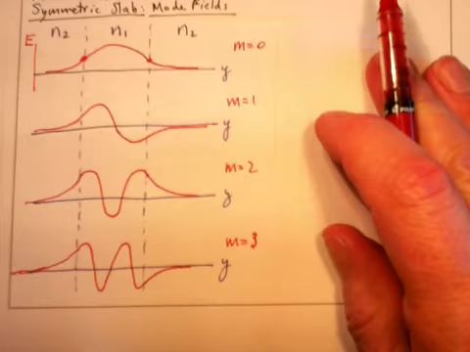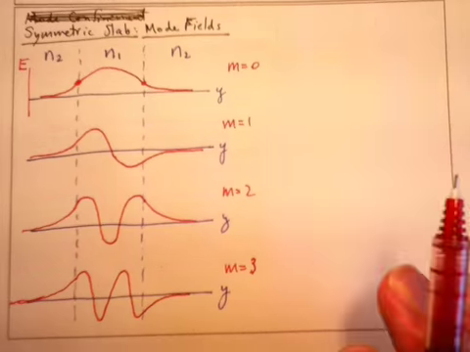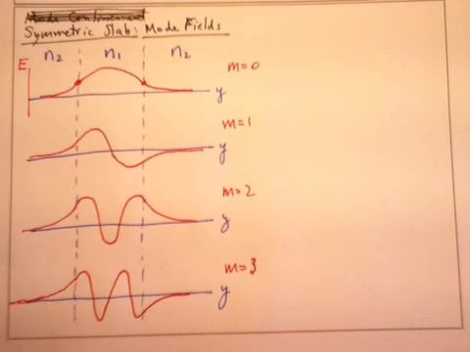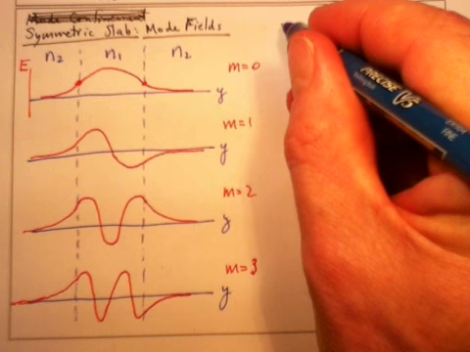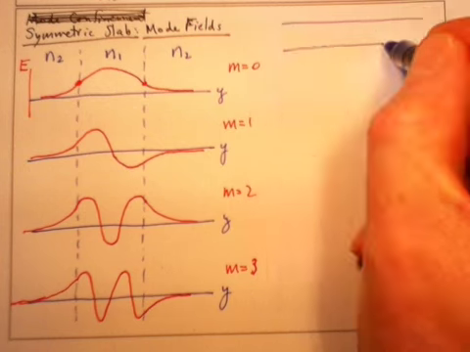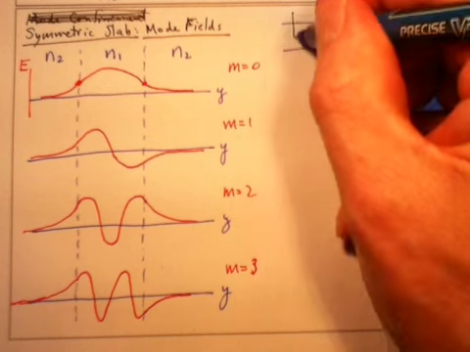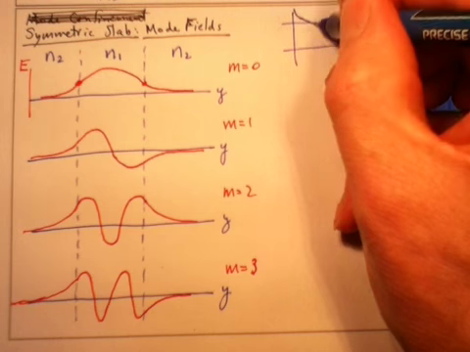In any case, inside the waveguide, the lowest order mode tends to look like a single bump of light traversing through.